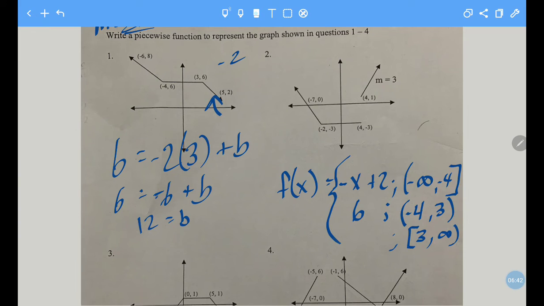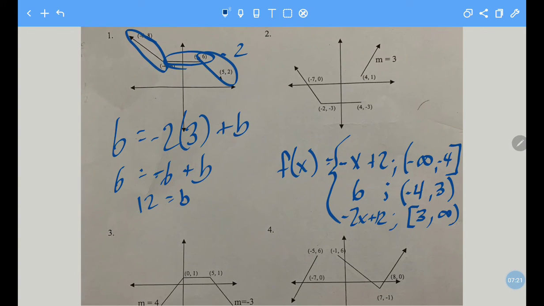So y equals, what was my slope? Oh, I've erased it. It was negative 2. Negative 2x plus 12. So you just have to find each little part. If you know how to write the equation of a line, you'll be able to do it. If you can't, then you have to go back and review that stuff. So that's how you do number 1.